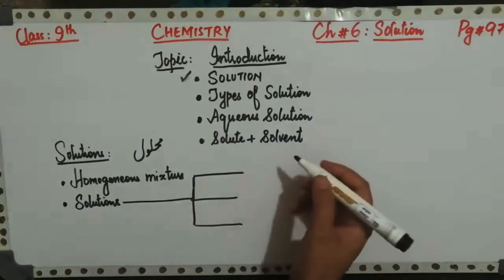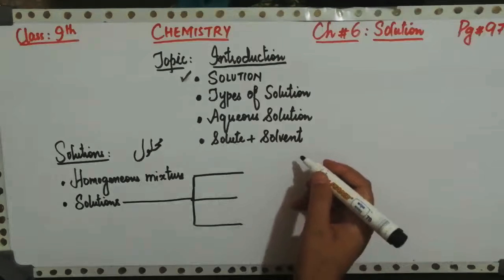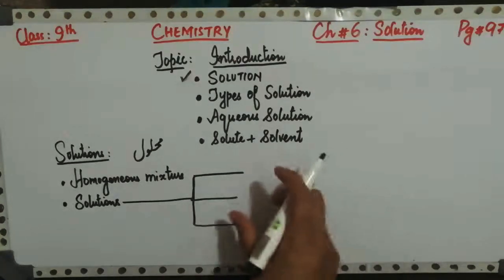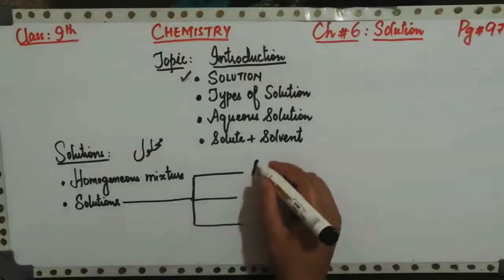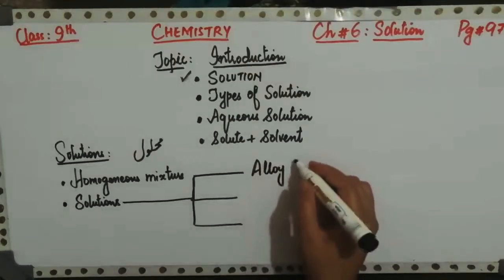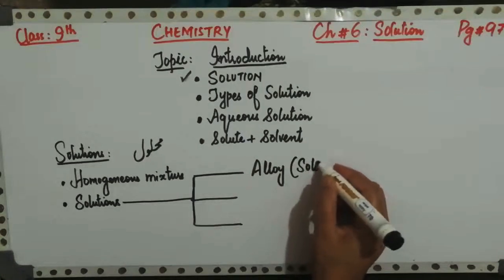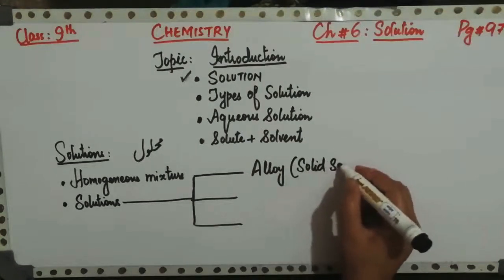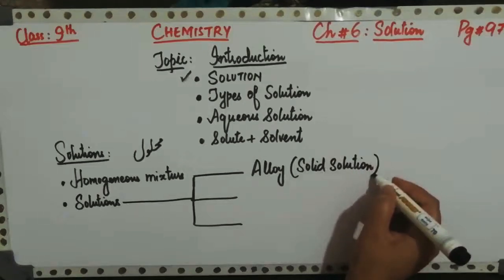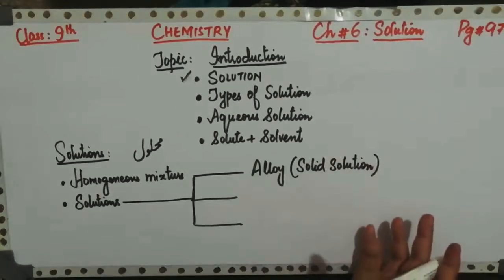So depending upon the physical state of the solvent, we can divide them according to this. I'm going to write the examples. First is an example of solid solution, which is an alloy. What is an alloy? It is a solid solution because it is a mixture of 2 or more than 2 metals.